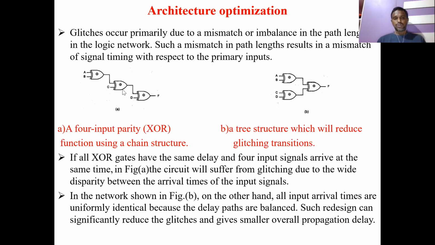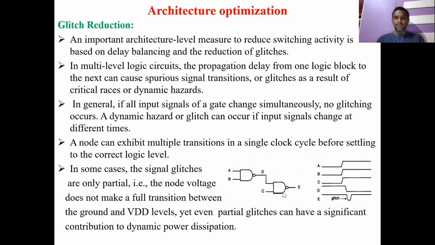That output is given to the second gate. After that, C and this output are processed and given to the third gate. A, B, C, D will be obtained at the same time, but there will be a delay in the other input for the gates. Because of that, there will be a problem of glitches. That is what is taking place here.